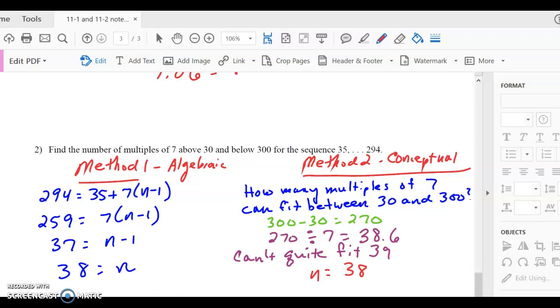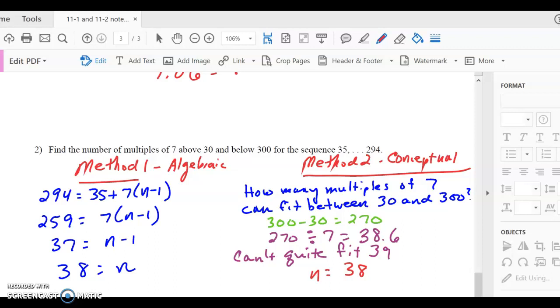An interesting way of thinking about it is conceptual. You know that you want to figure out how many multiples are between 30 and 300. So what I did was I found the difference between 30 and 300. That's 270. So within 270 in terms of the distance or the difference, I have to figure out how many 7s I can fit in there. So I take 270 and divide by 7, and I get 38.6.